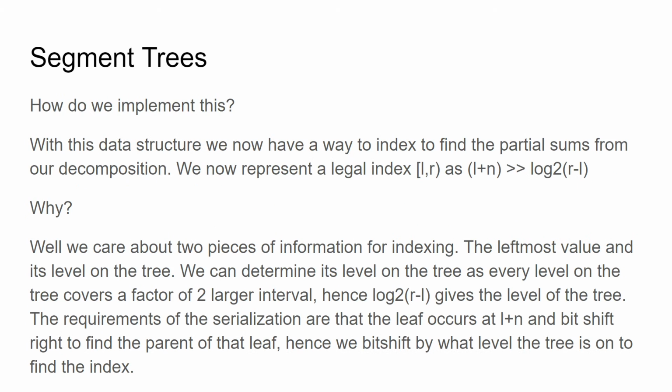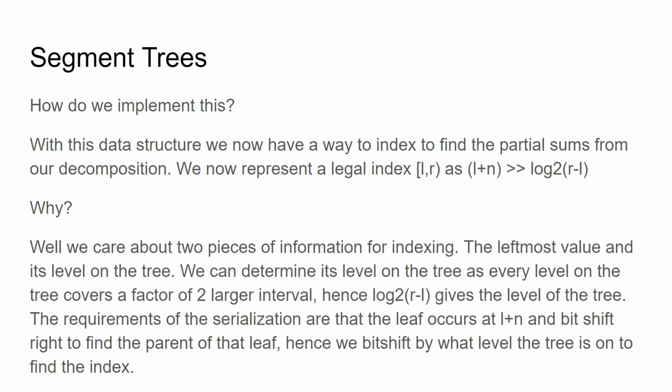Cool. So now with this data structure, all we need to do is find a way to index it with the interval that we wanted before. So we know our interval will always be made up of some L and R such that L has a least significant bit that's greater than or equal to the current level that it's on.